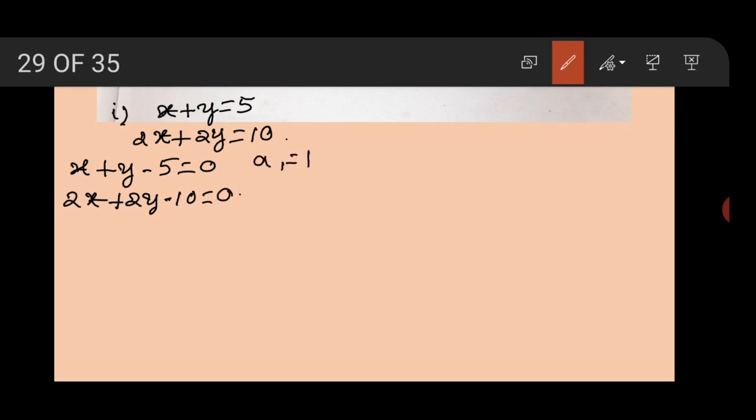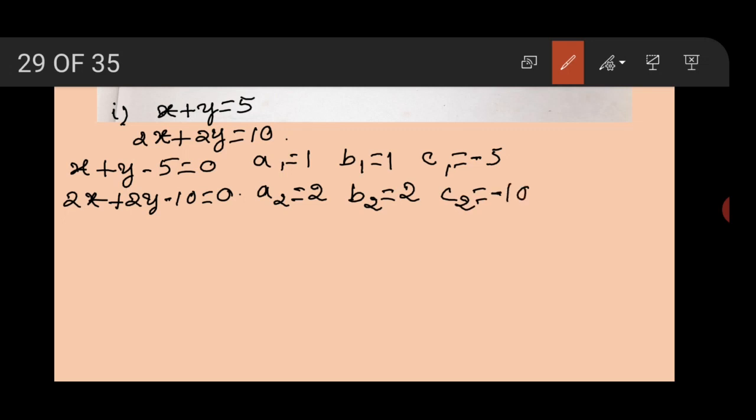It is 1. b1 is the coefficient of y, it is also 1. c1, the constant of the first linear equation, is minus 5. Here a2 is the coefficient of x in the second equation, it is 2. b2 is the coefficient of y, it is 2, and the constant is minus 10.